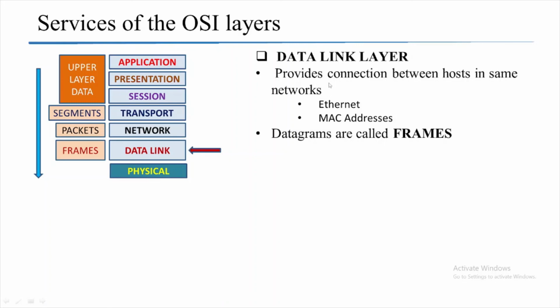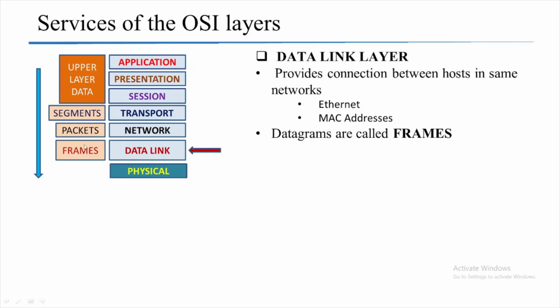In the data link layer, you can see the famous IEEE LAN standard, Ethernet, and it's where physical addresses, or MAC addresses, are dealt with. The datagrams in the data link layer are called frames.